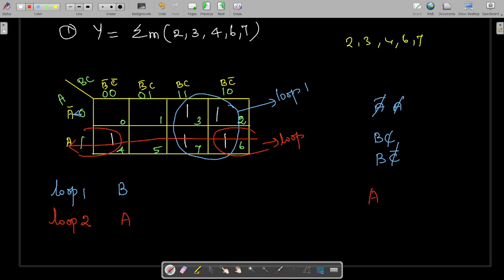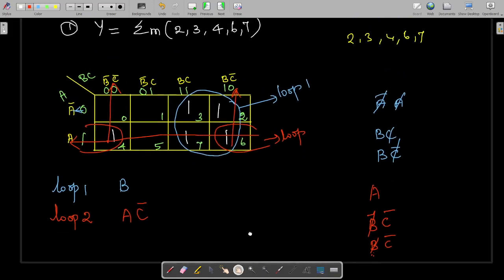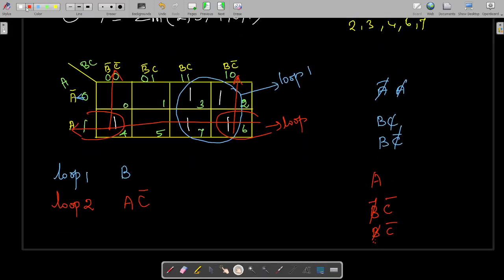Vertically, we get B bar C bar as well as BC bar. The B cancels, and only C bar is available. Then we combine these two to get the simplified expression: B plus AC bar. That is our answer.